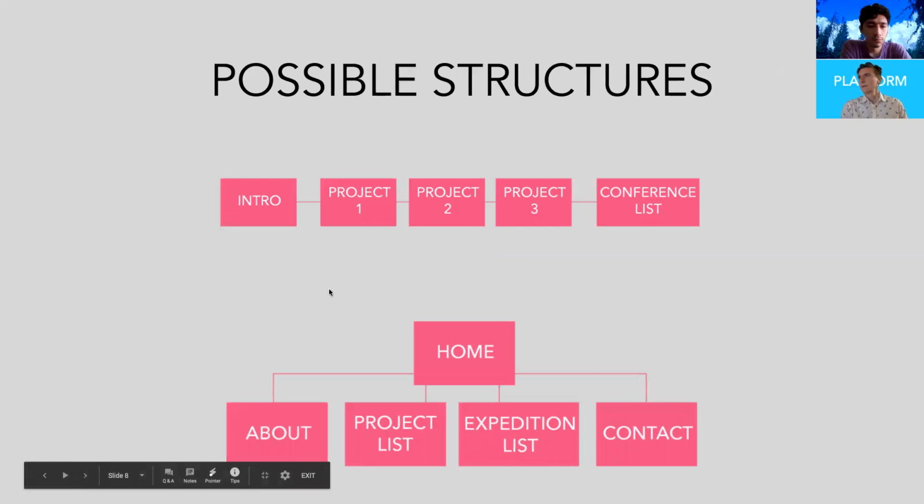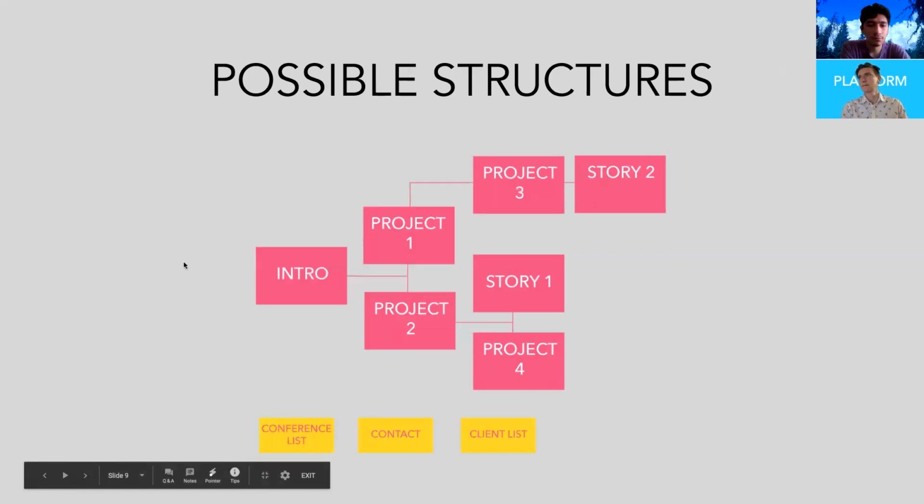So there were a couple of potential structures. We have a very linear structure where there's very little choice on the user's side. We have a very open structure where the user has lots of choices. And then I was proposing this, potentially the most effective structure, where there is some choice involved, but there's also a series of branching narrative options for users to take.